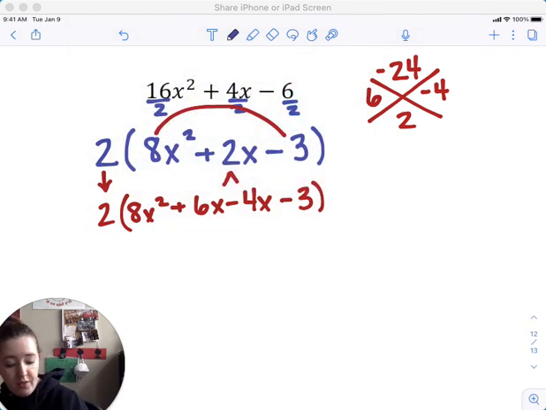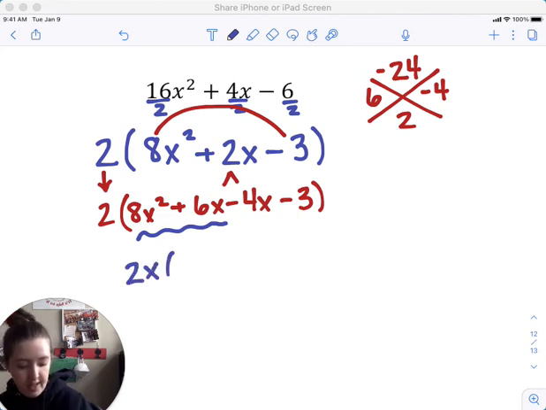So now we'll look for our greatest common factor of 8x squared and 6x. That greatest common factor is going to be 2x. 8 divided by 2 is 4. X squared divided by x is x. Then there's a plus sign. 6 divided by 2 is 3. X divided by x cancels out.